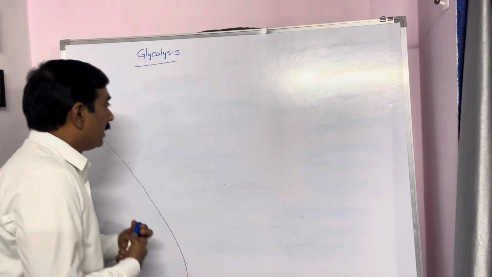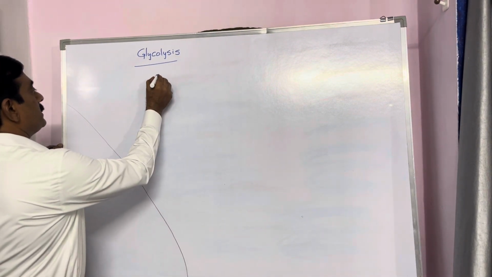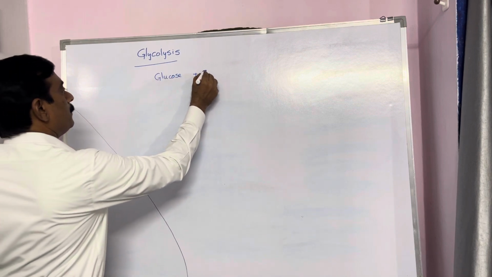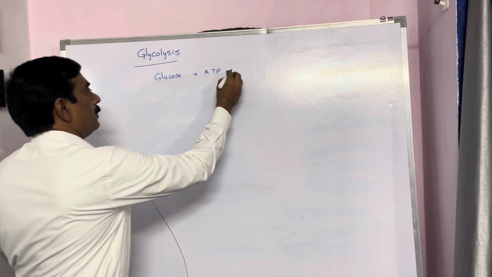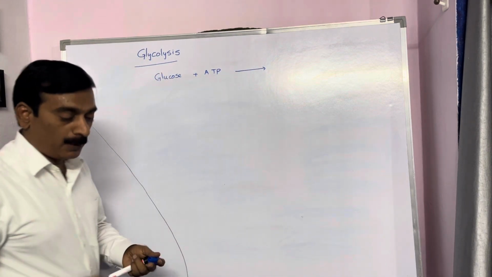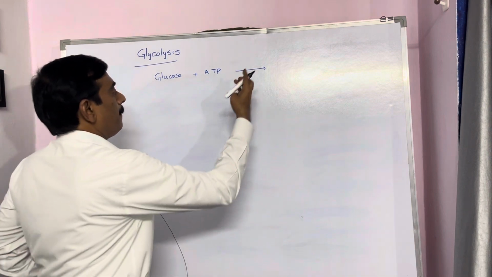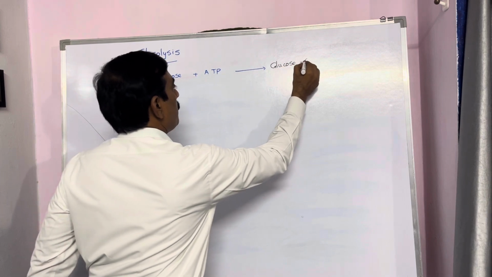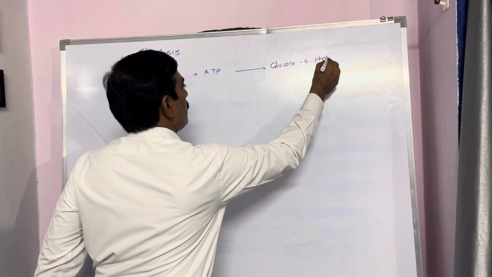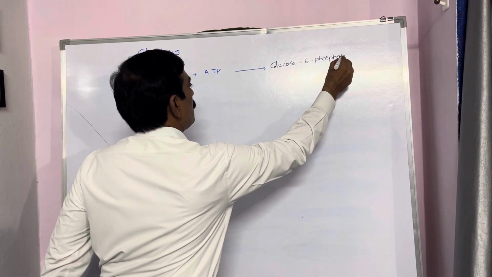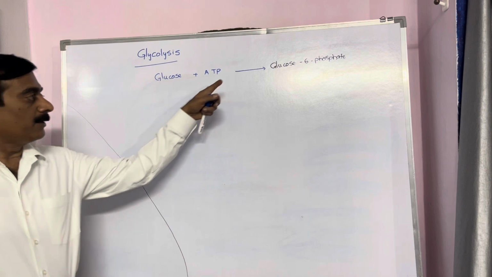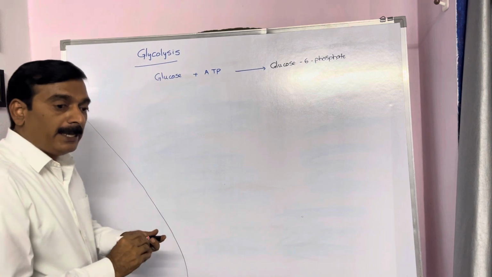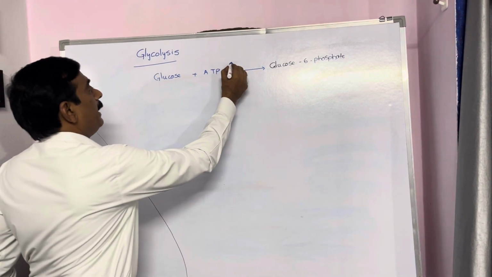The first step in glycolysis: glucose is converted into glucose 6-phosphate by utilizing ATP in the presence of the hexokinase enzyme.